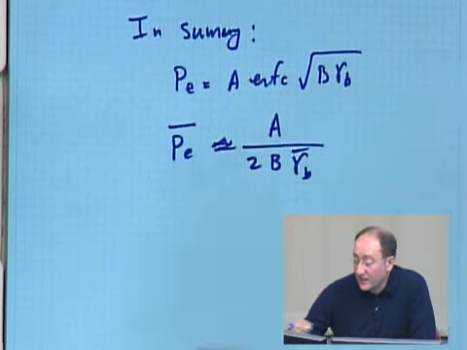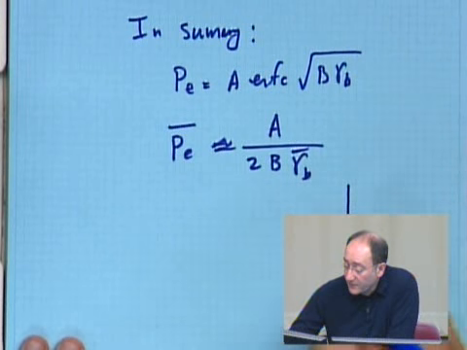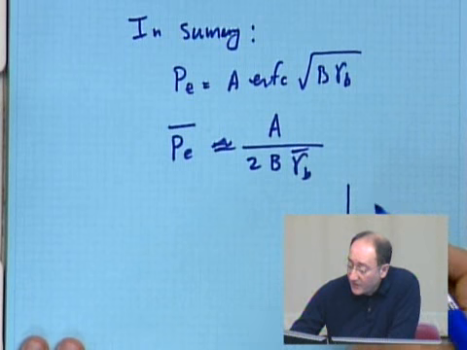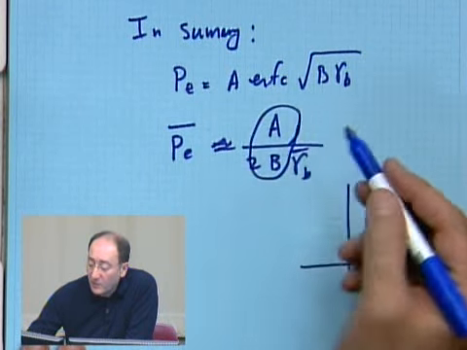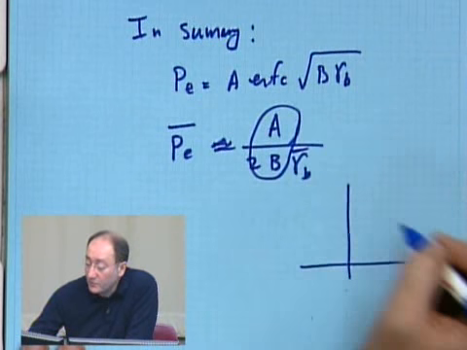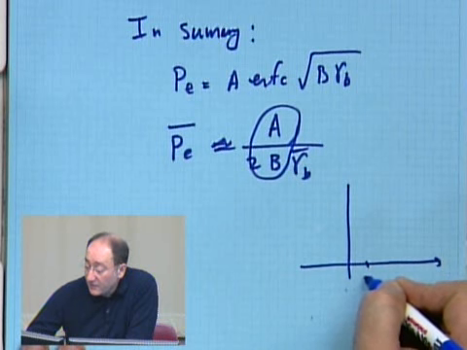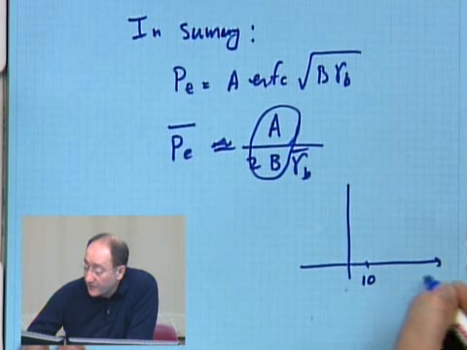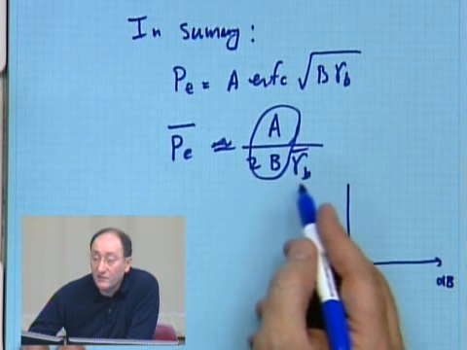If I want to sketch that now, this would be something for gamma sub B. Let's assume these two are normalized to 1 and just sketch that. That's just a constant which moves my line. At gamma sub B equal to, let's say, 10 dB, for example, this is in dB. 10 dB means gamma sub B is what? 10.